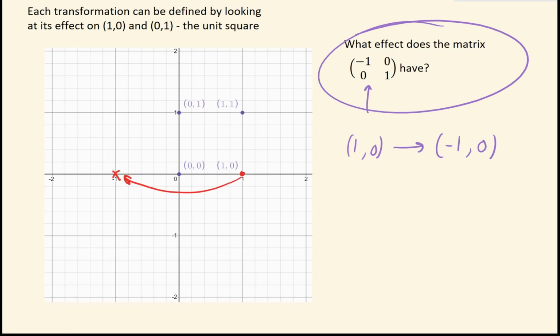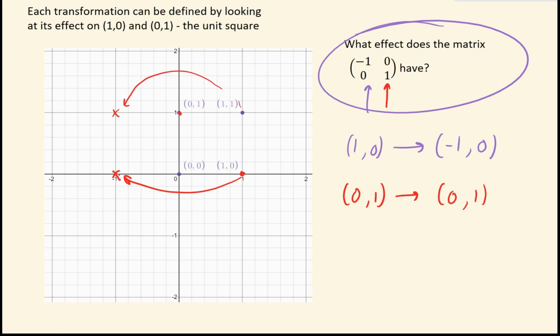Okay, and sometimes I do little arrows, just so it helps you visualise what's going on. And the second one, (0, 1), will go to the second column here. So (0, 1) goes to (0, 1). So it's invariant, it doesn't move. That means this point stays the same. And we can also include (1, 1) if you want to. If you do include that point, that will go to (-1, 1). So it's just basically these two coordinates added together.